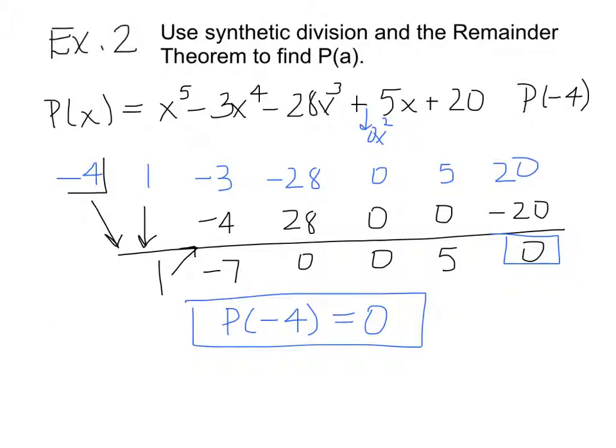So that's the remainder theorem. Okay, our last example, I'm going to show you how to use synthetic division to completely factor a polynomial. So let's say this was the polynomial.